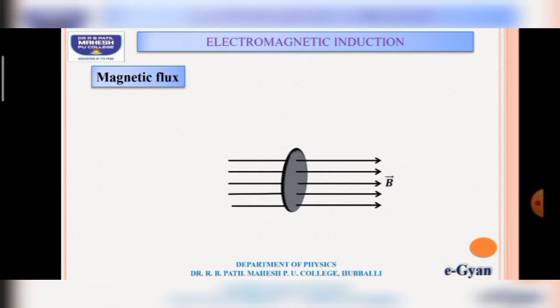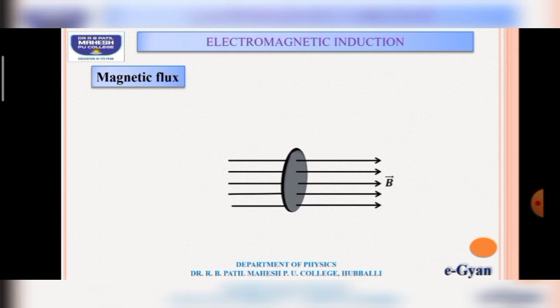If I consider a plane somewhere here, we see that these lines are crossing that surface. They are passing through the surface. Now with the help of this we are going to define magnetic flux. That means the magnetic field lines passing through a given surface is called magnetic flux.